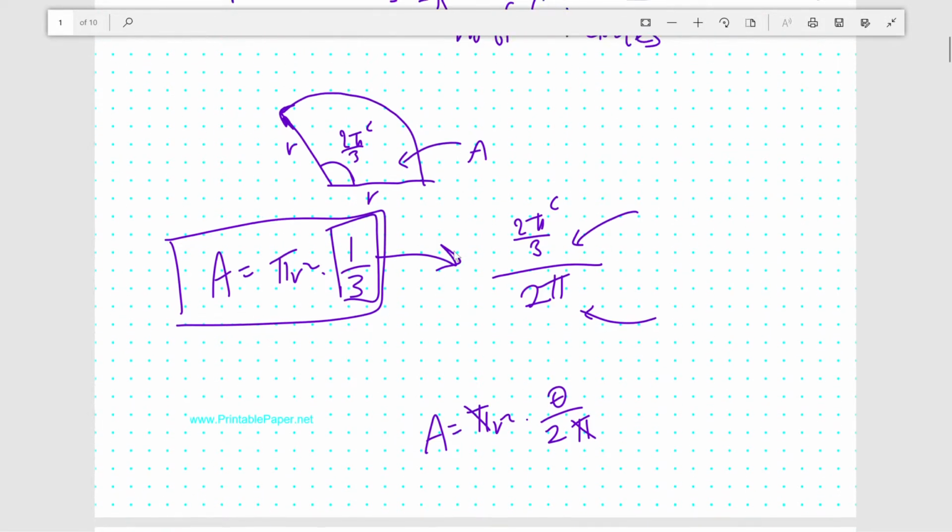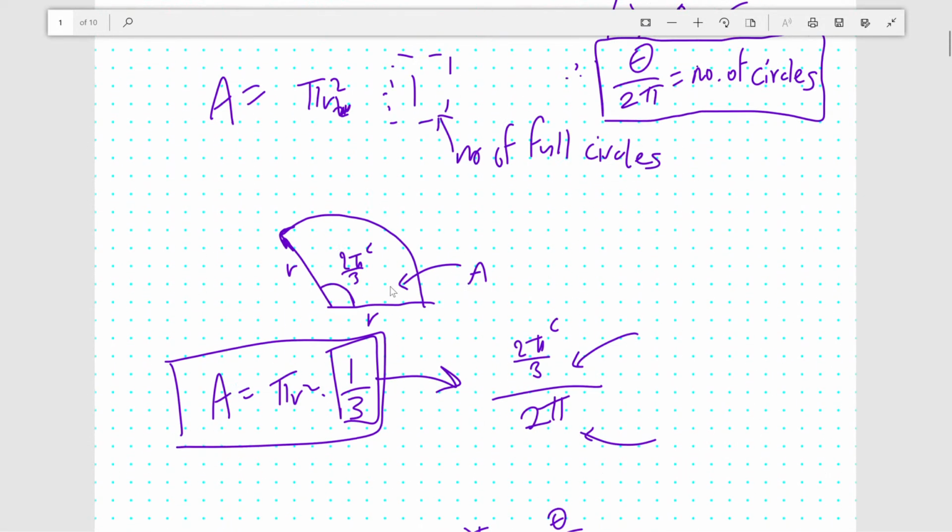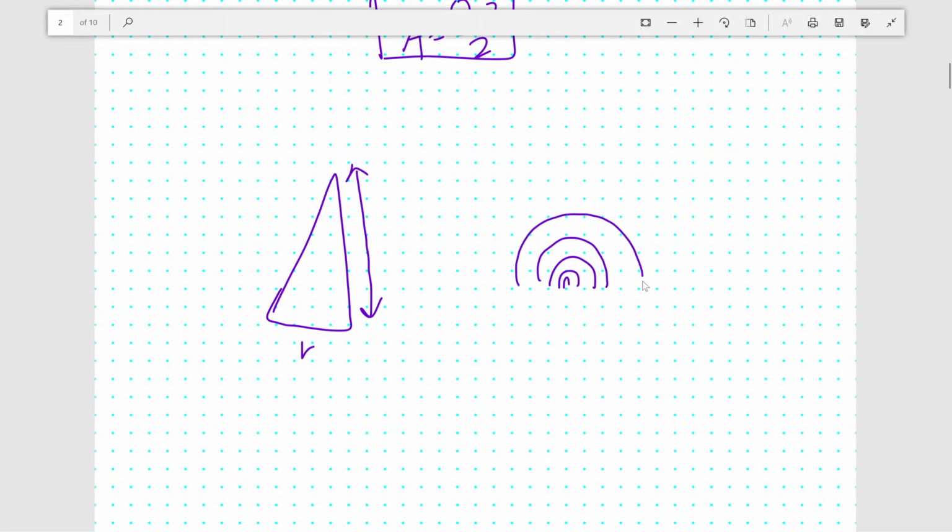So that's one way of figuring it out. And the second way is if we go back to our triangle model, and we can just try and use the fact that this will be equal to the largest ring of any sector, so like say for a half circle, the rings are going to look like that, almost like a rainbow, and the furthest out ring is going to be half of the circumference. Or we can realize that this is related to the arc length formula. L is theta r.